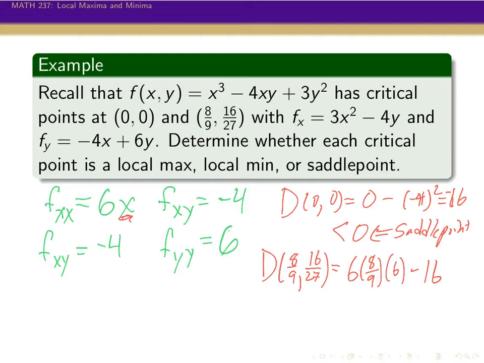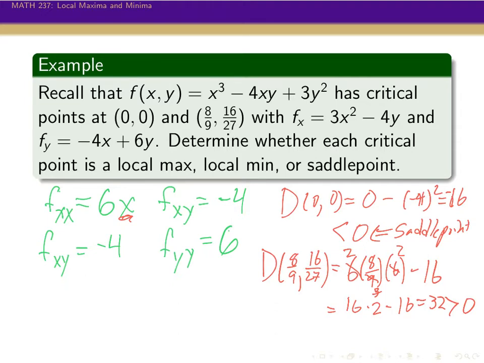But now over here on the other side, this is going to turn into 2 over 3, and so 16 times 2 minus 16, which is 32, which is definitely bigger than 0.